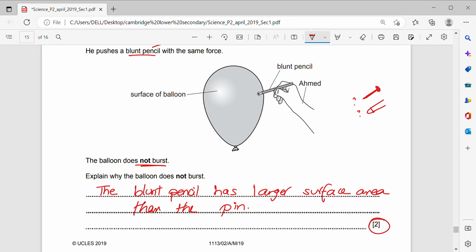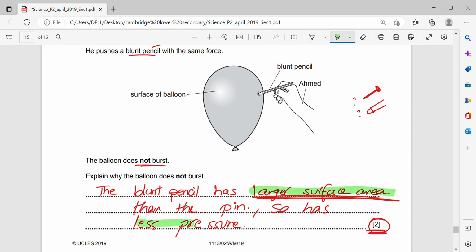Okay, so نكمل الإجابة. It's out of 2 marks. يبقى قلنا keyword large surface area. So has less pressure. يبقى less pressure it will not burst. ناخد بالنا هنا out of 2 marks. دي أول keyword ودي تاني keyword.